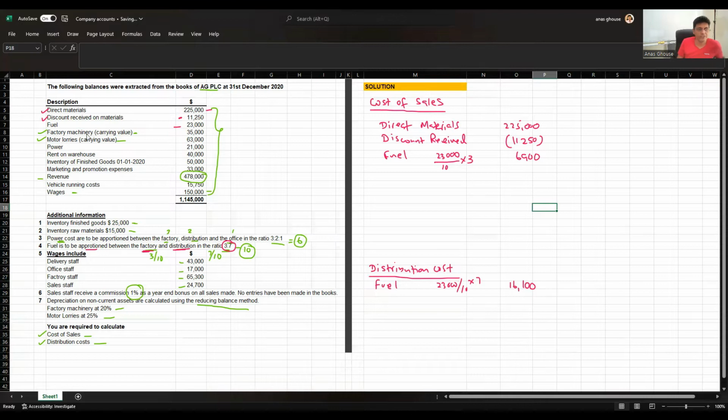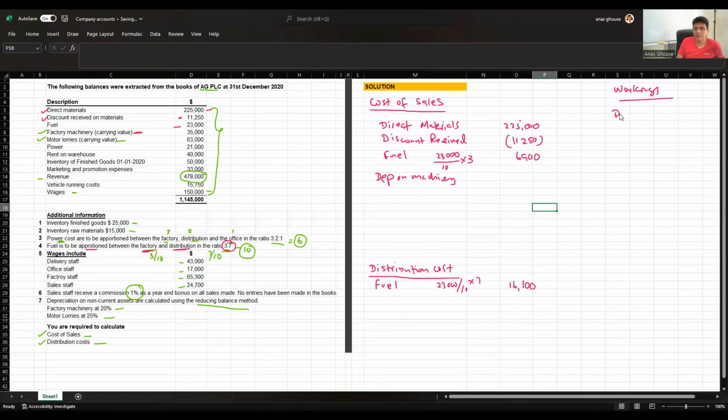Then the factory machinery. The depreciation should be calculated on this, so you can say depreciation on machinery. Factory machinery, 35,000. You can show the depreciation workings separately, and even for the fuel you can show the working separately. You don't need to show the workings here.